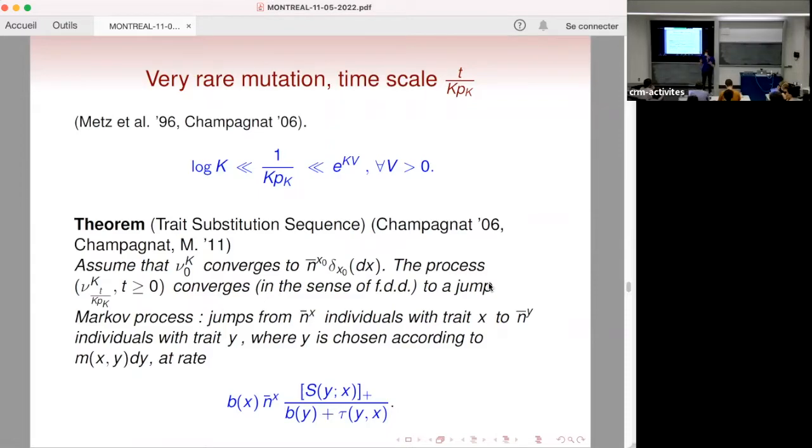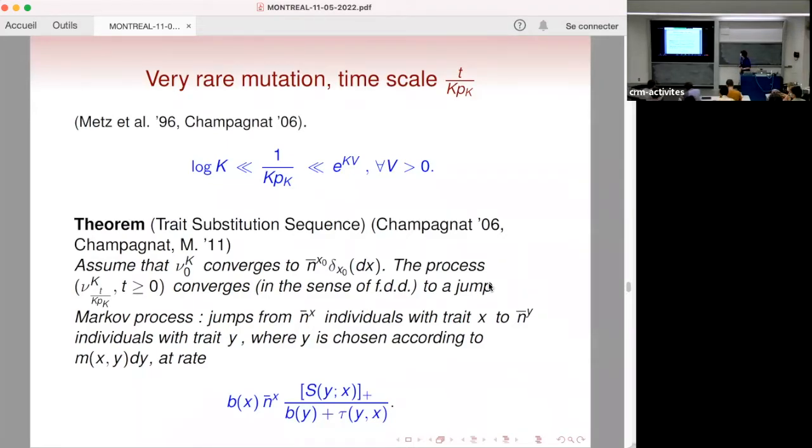So it's really a sort of multi-scale problem. You have different time scales, and at the end you find such a process, which was called by Hans Metz the trait substitution sequence, since at any step it substitutes the old resident trait by the new one. And we have seen that this fitness S of y x plays a main role.